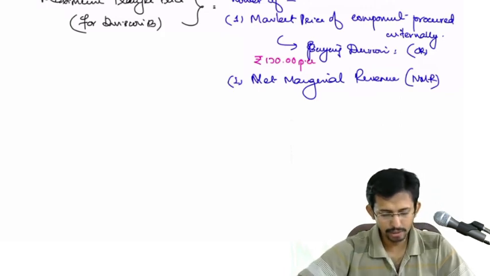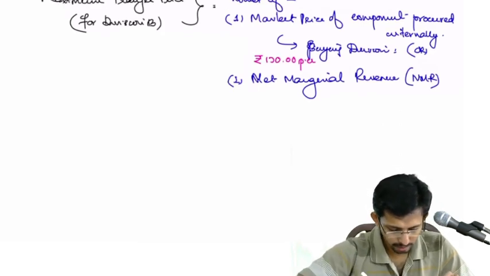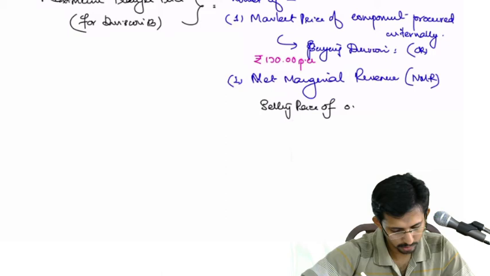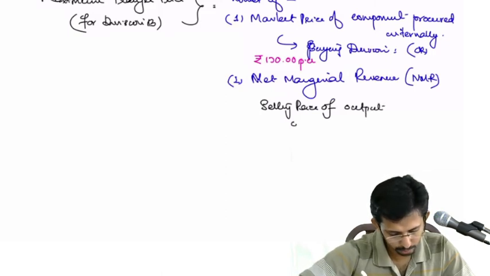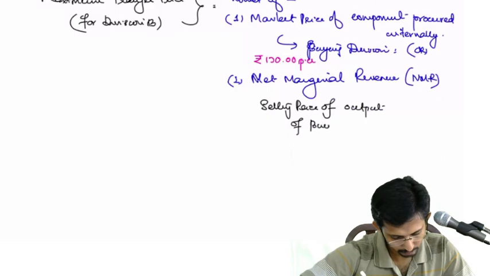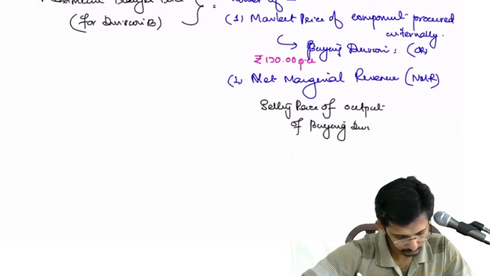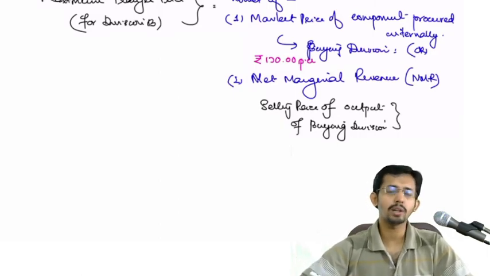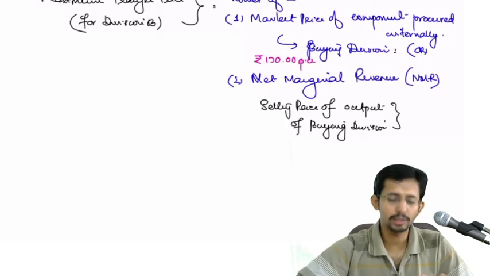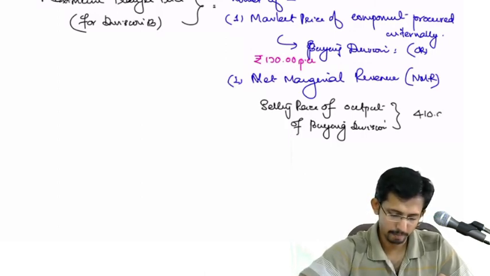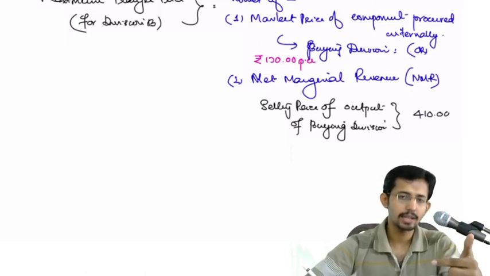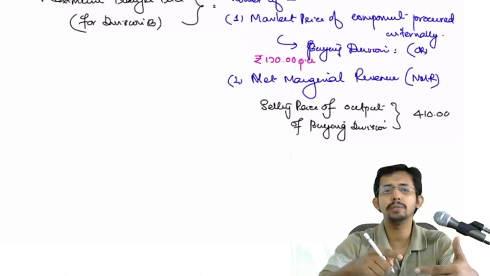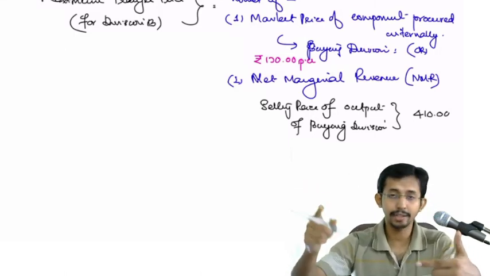Now here, net marginal revenue. How do you compute net marginal revenue? Selling price of the output of the buying division, less marginal cost of manufacturing the surveillance camera, excluding the transfer price. What is the selling price of the output? Output means the surveillance camera. It is 410. So by buying the lens and manufacturing the surveillance camera, division B is going to sell each surveillance camera at rupees 410 in the external market.